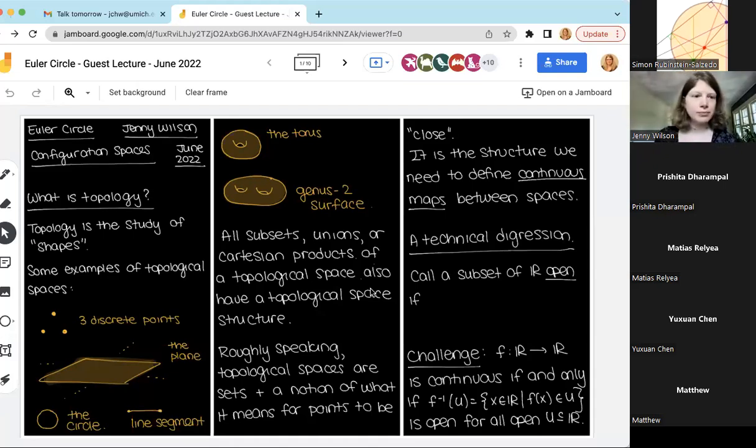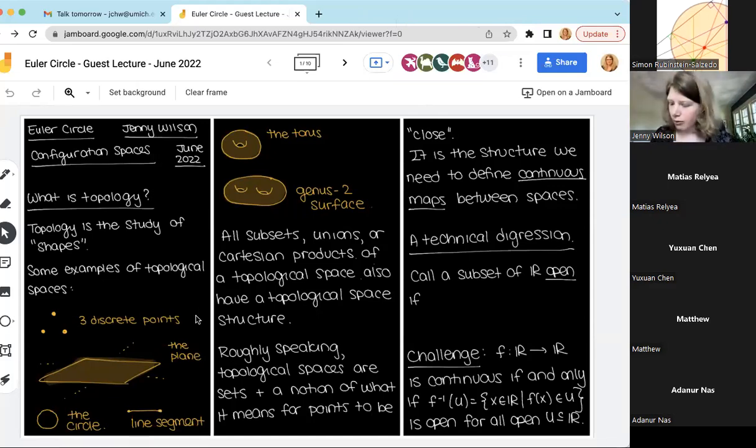So great, hopefully I'm sharing my screen and you can see the Jamboard. There's also a link to the Jamboard, which you can click on optionally, and it means that you'll have the option of referring back to previous slides if you wish.